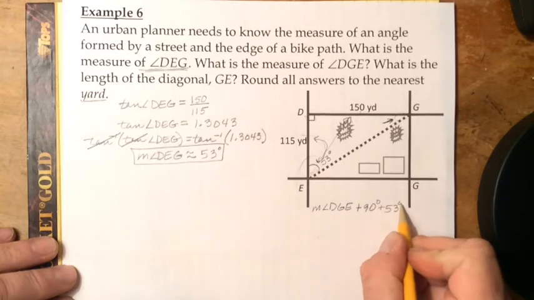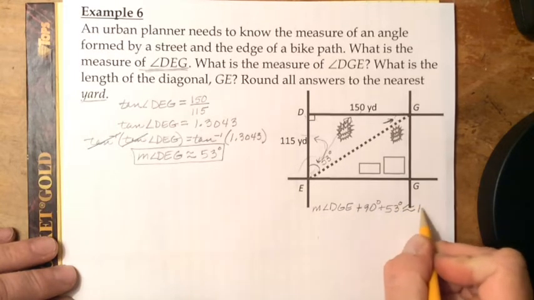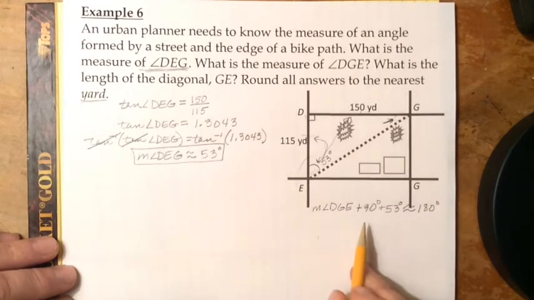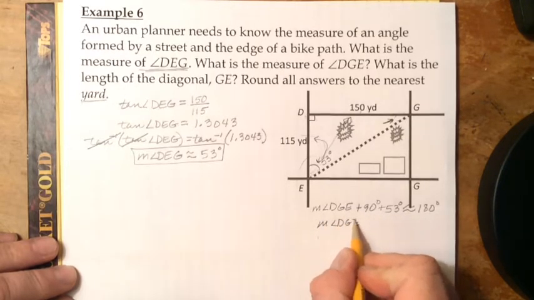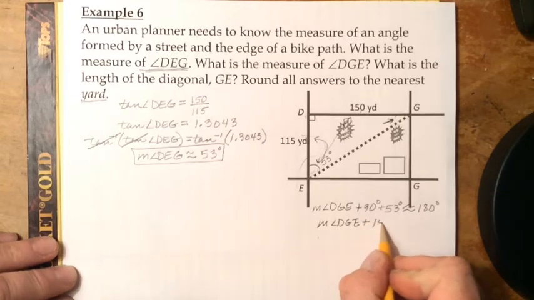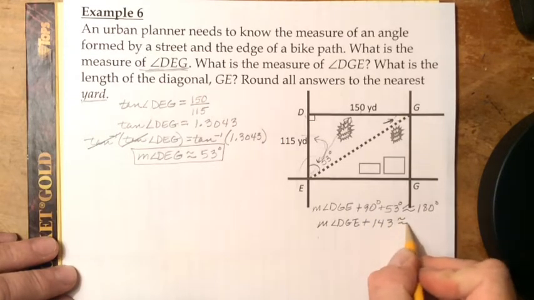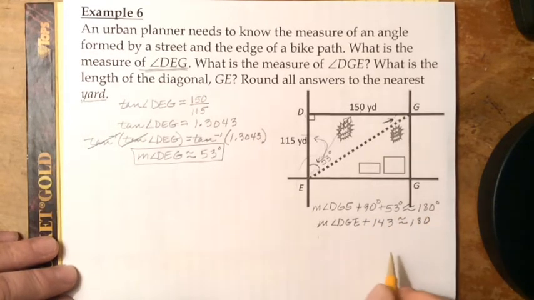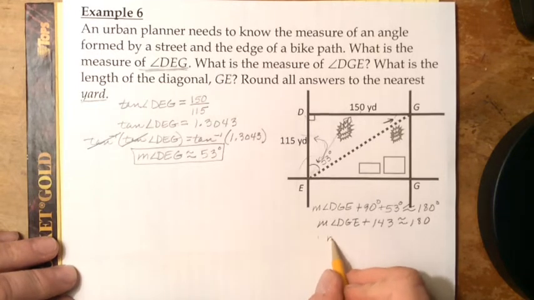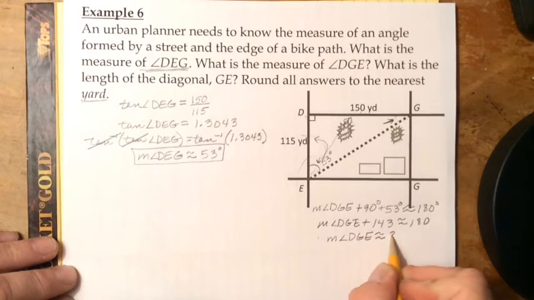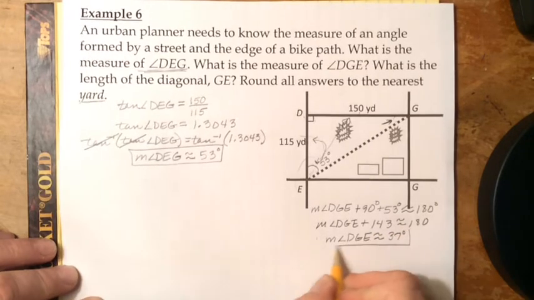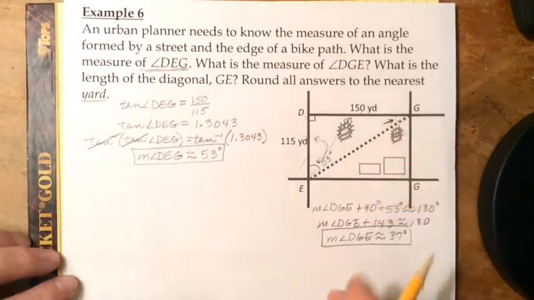Now because that was approximate, we have to say it's approximately equal to 180 degrees. Now we go ahead and add these two to measure angle DGE plus, let's see, that's 143 is about 180. Then subtract 143 from both sides, and the measure of angle DGE is about 37 degrees. So we found the measure of that angle now.